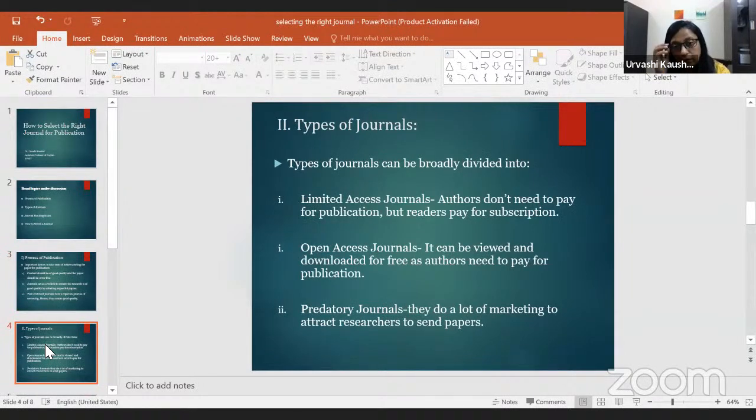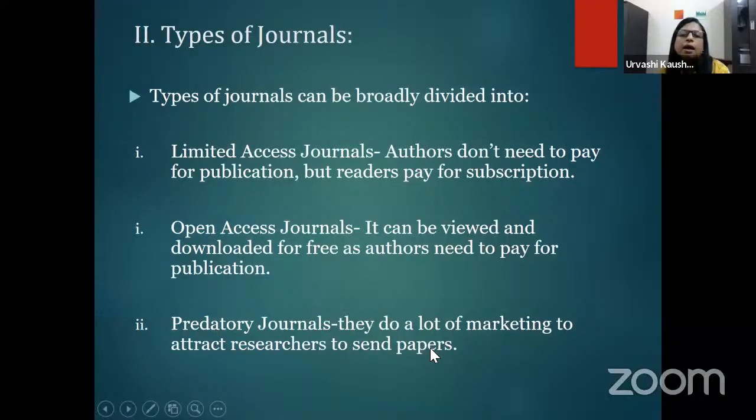If we talk about the various types of journal that exist, we have, first of all, the limited access journal, where authors don't need to pay for publication. So they simply send the paper, and the journal actually makes money out of the subscriptions it gets.